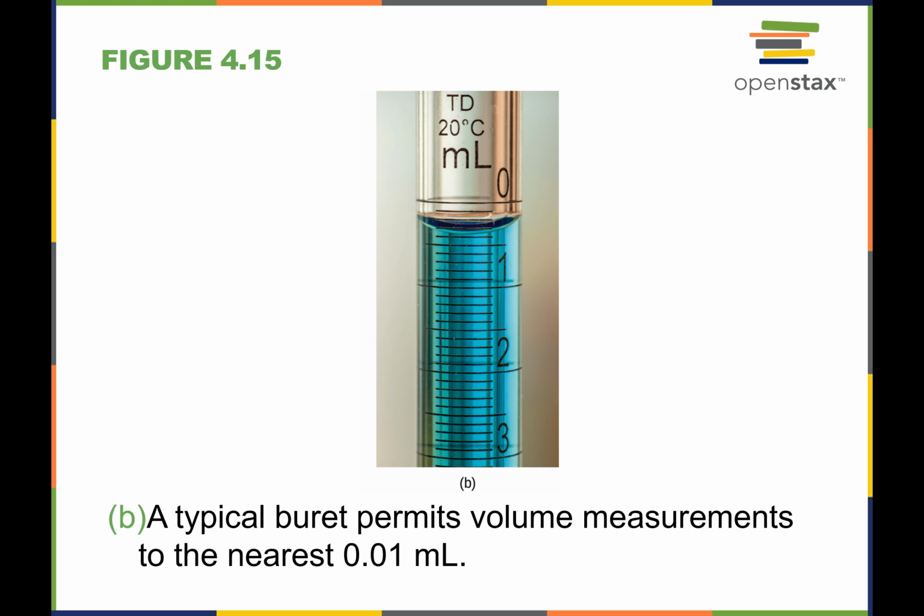So for instance, if this is 1 mil, this 2 mil, this would be 1 mil. So this one right here is 1.5 milliliters. This right here is 1.2 milliliters.